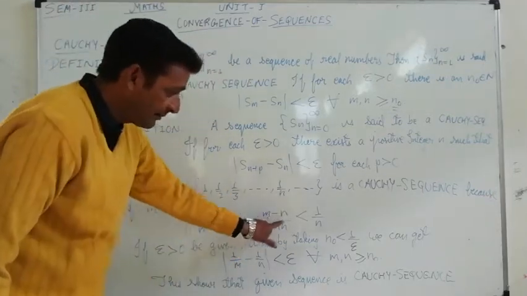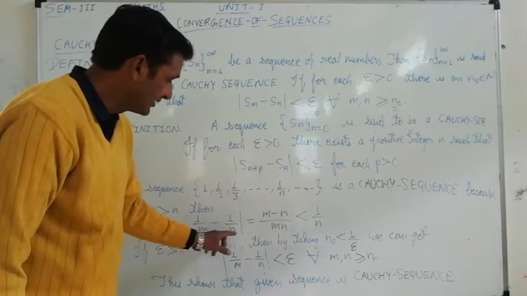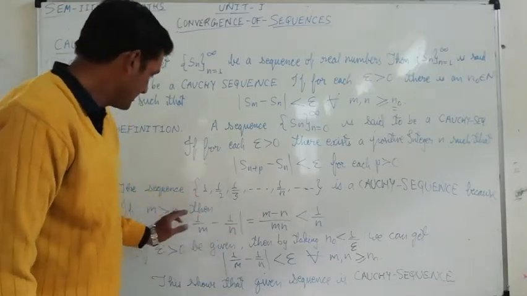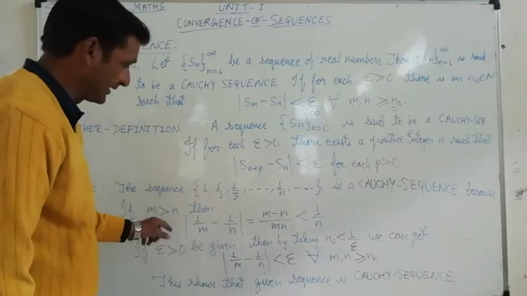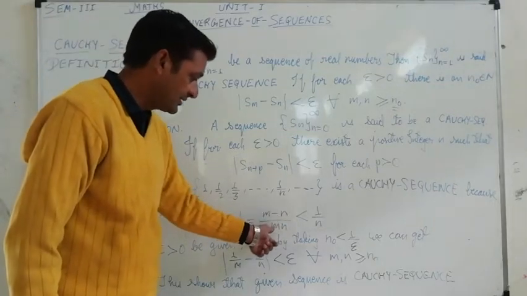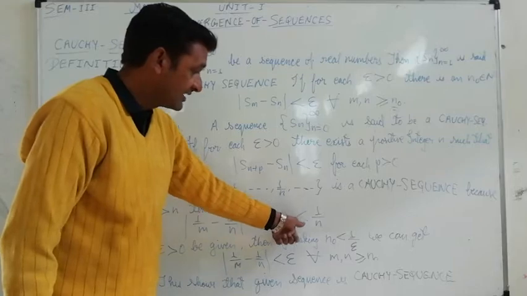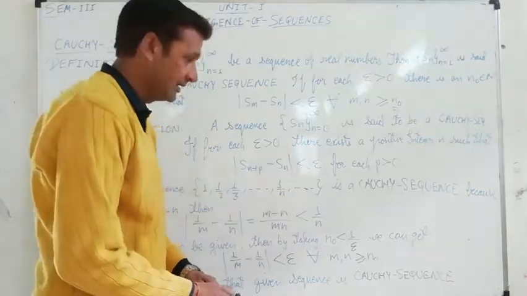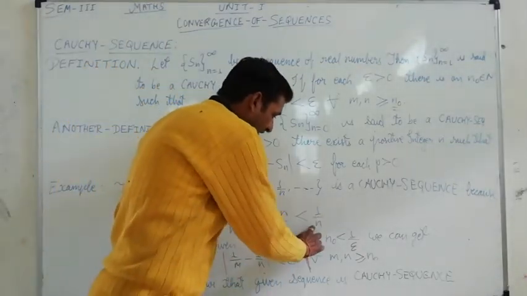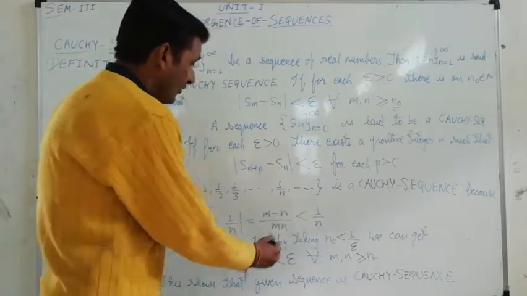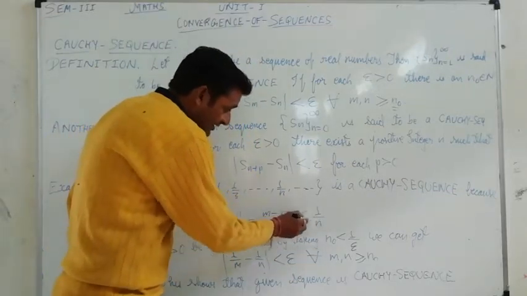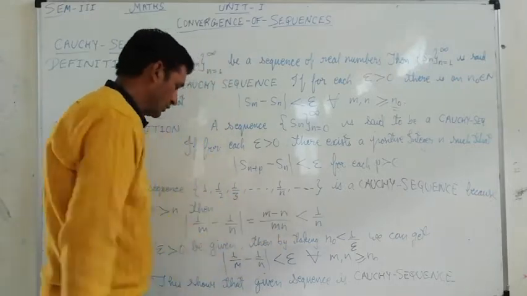If we write n minus m, then there is no use of mod, because m is already given as greater than n. So (m minus n) upon mn is less than 1/n, one finite value, and this value is less than that finite value.